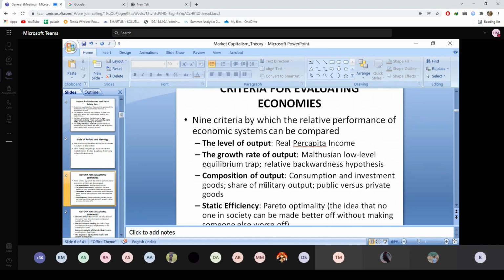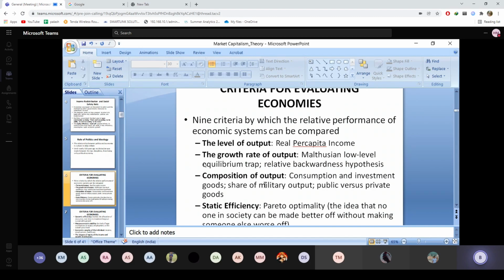This can give a lot of indications in terms of evaluating the economies. Sometimes people commented on the Soviet or Russian economies, where they produced a huge amount of military goods as opposed to the civilian goods required for the improvement of the welfare of the people.